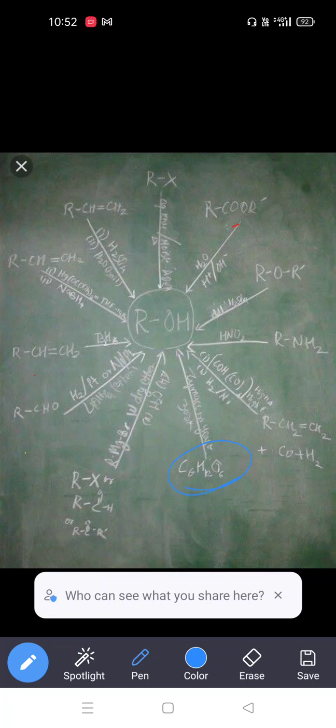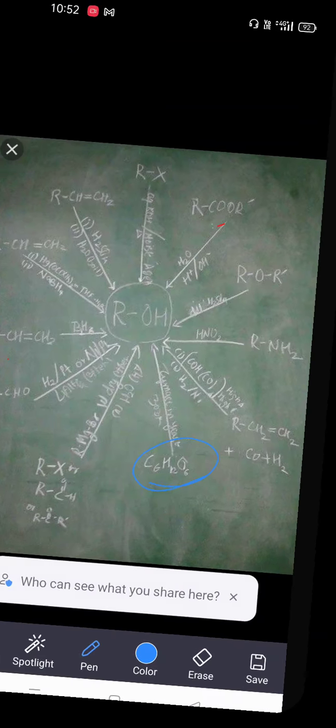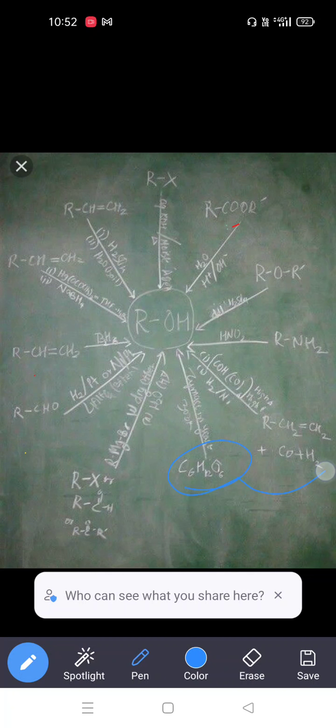These are the mind map of preparation of alcohols from different starting materials: alkenes, alkyl halides, carbonyl compounds, esters, ethers, amines, and lastly carbohydrates. This is very useful in industrial processes. We prepare alcohol beverages in large quantity, especially through carbohydrate synthesis.